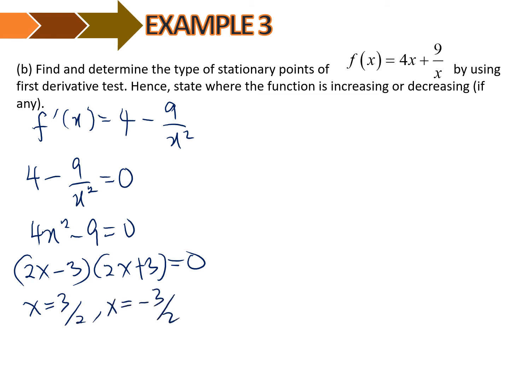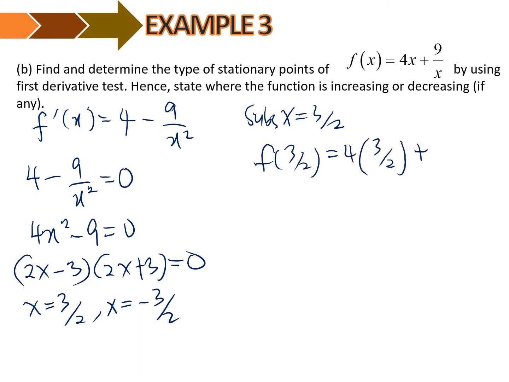Okay, using x equals 3 over 2, we substitute into y. So we will have f(3/2) equals 4 times 3 over 2 plus 9 over 3 over 2, which implies 12.